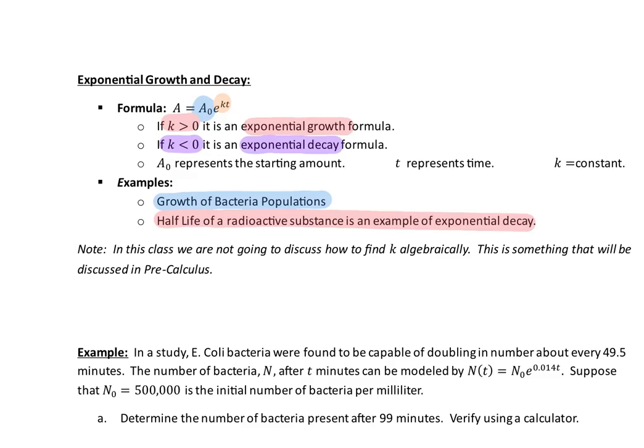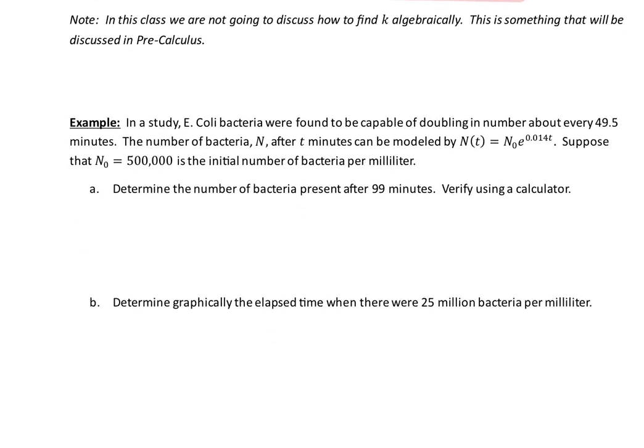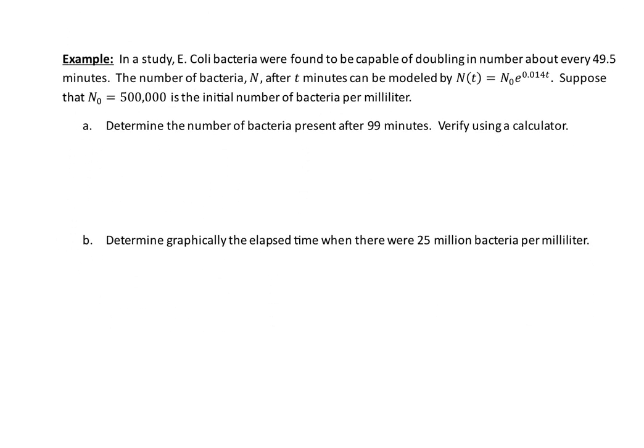All right, let's go ahead and look at a couple of examples. The first one we have is in a study, E. coli bacteria were found to be capable of doubling in number about every 49.5 minutes. The number of bacteria after t minutes can be modeled by the formula N of t equals N sub 0 times e raised to the 0.014t.